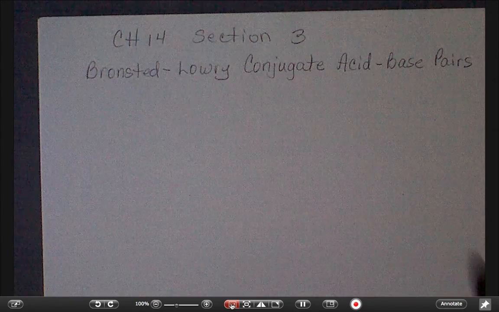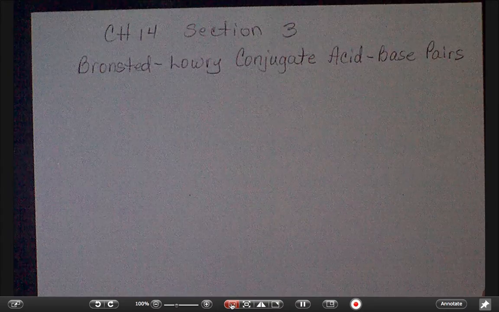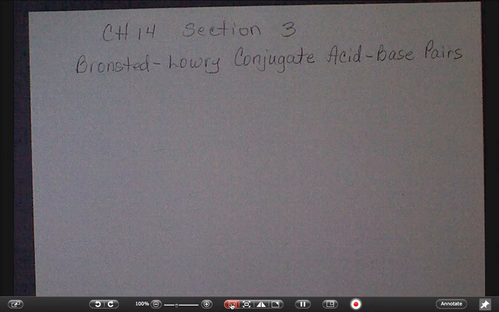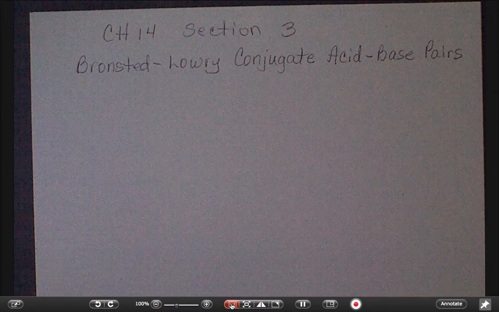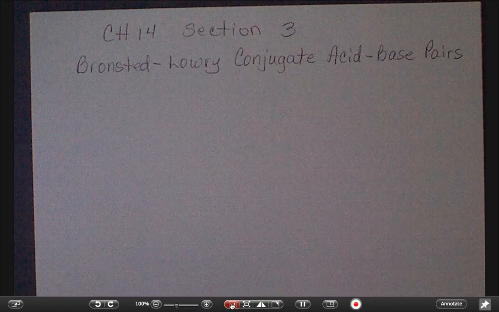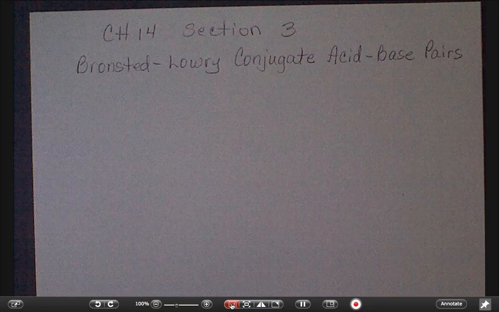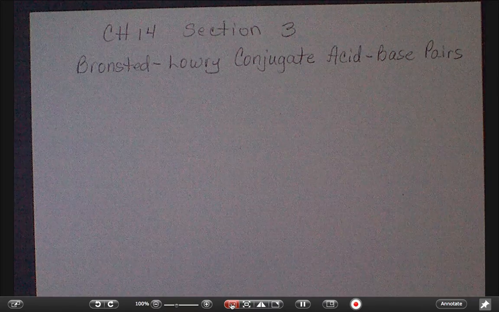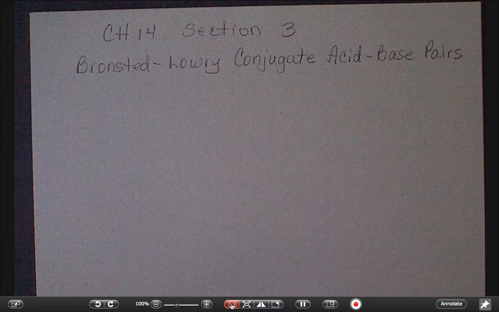That word conjugate, I don't exactly have a definition for that, but I'm going to tell you that an acid loses a hydrogen, a proton, in the Bronsted-Lowry model. Conjugate means what it becomes after it loses the hydrogen. All right? What's left?